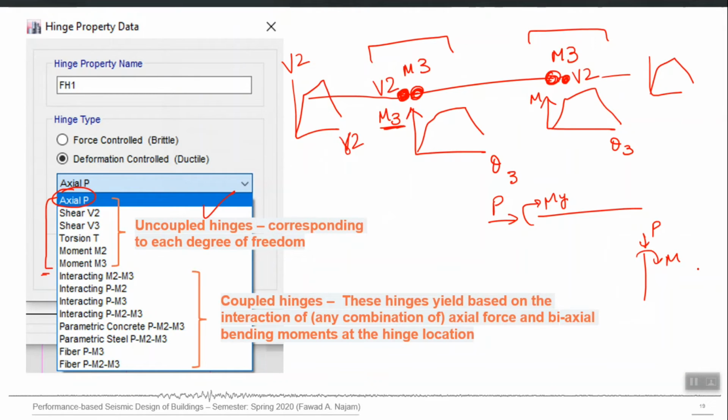And they both interact to fail that particular column. So a column does not fail at a particular P, it does not fail at a particular M, it fails on a particular PM pair, right? So the actions are coupled here, they are no more uncoupled, and that's why you may not have a particular yield moment for a column only. You should always define a pair which will cause a failure in that column, right?